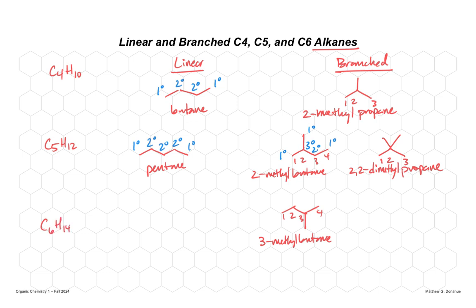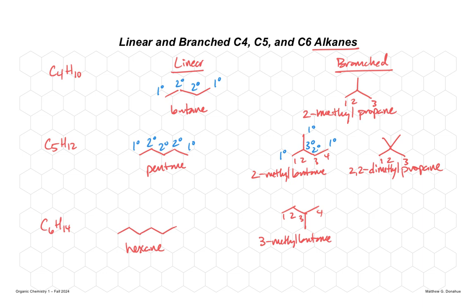So for the C6, the longest would be hexane. So the next slide has all of the branched ones.